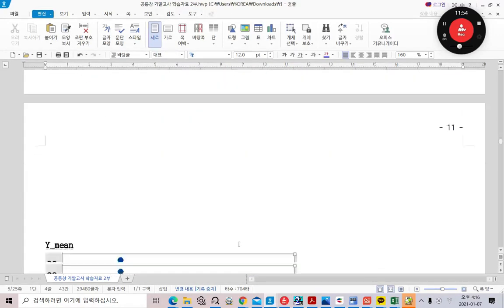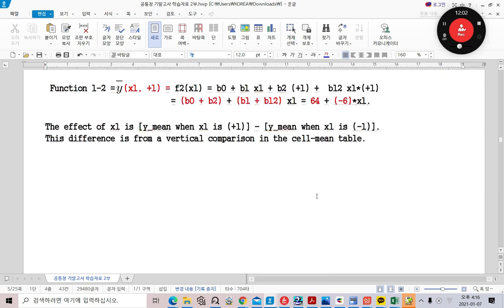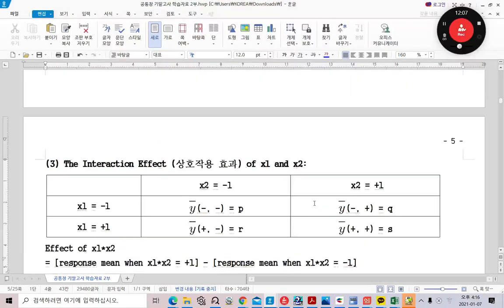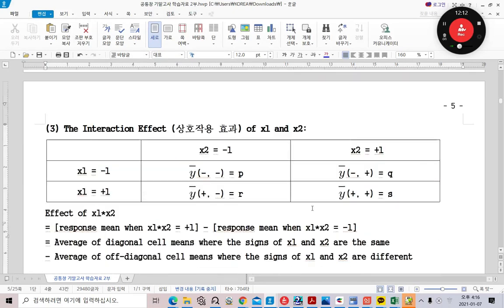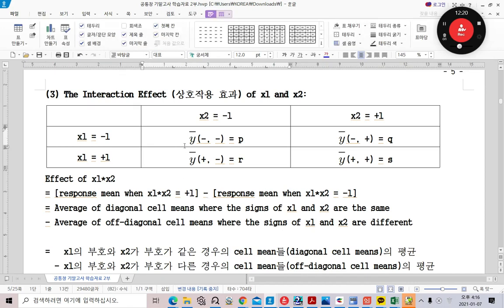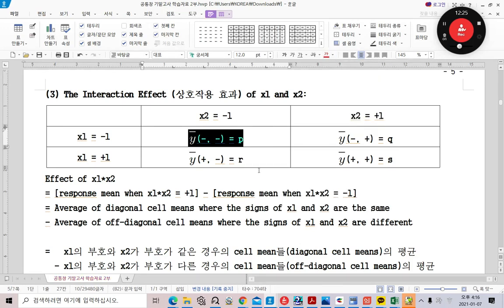Here, the red color denotes 1. The interaction effect of x1 and x2. Now here, I use the red color to denote the cell where x1 times x2 is positive 1.